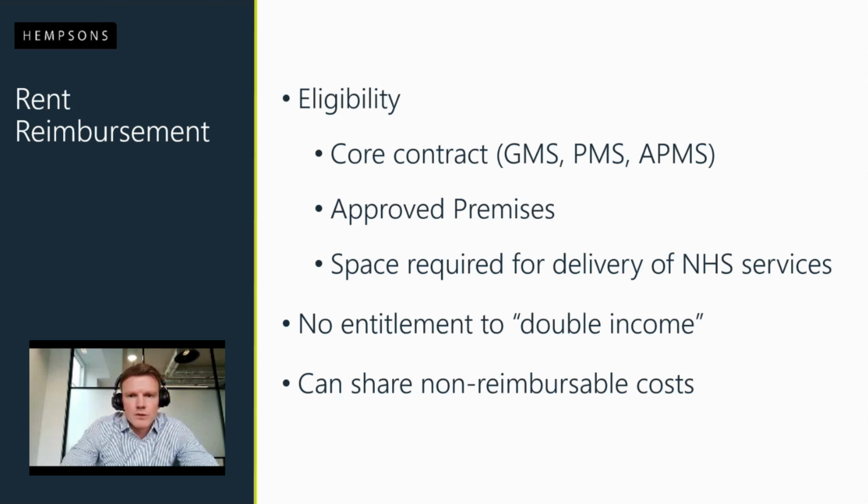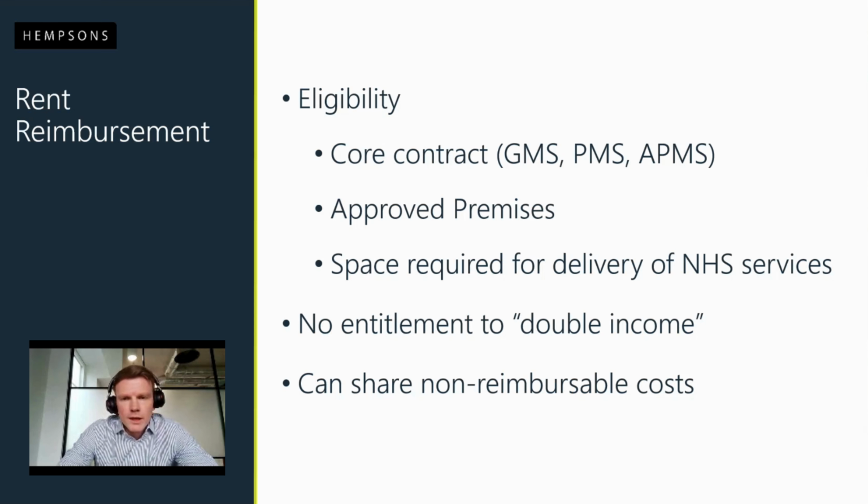So eligibility, who does it apply to? Rent reimbursement applies to GPs holding a core NHS contract, whether that's GMS, PMS, or APMS if negotiated. The premises must be an approved premises under the directions, meaning that the premises are used wholly or mainly for NHS primary medical services and are suitable for that use and have been approved by NHS England, the ICB, for that purpose.